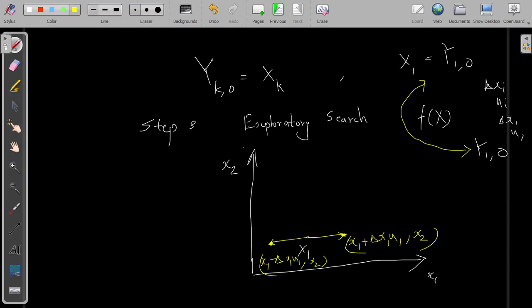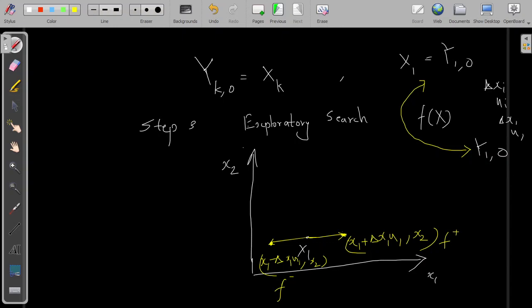Okay, and the corresponding objective function values, I'm denoting this as f minus, and this as f plus.